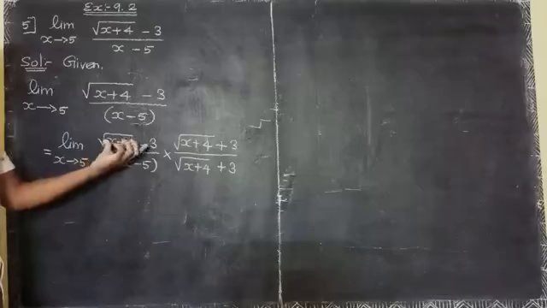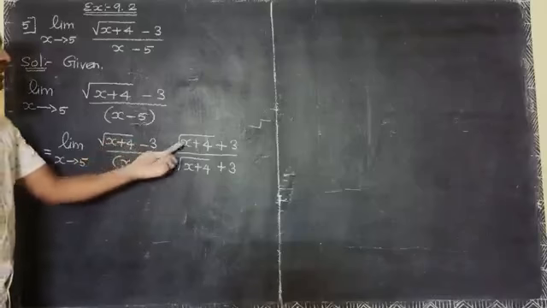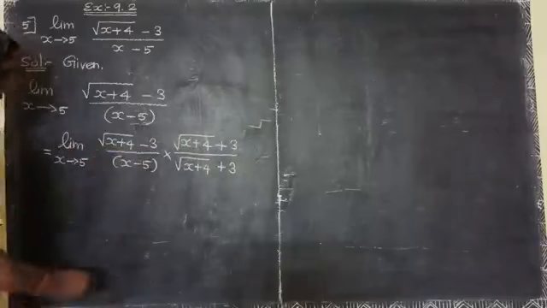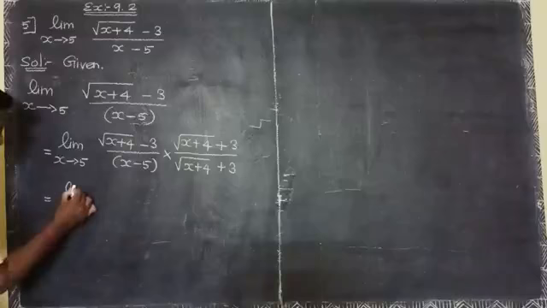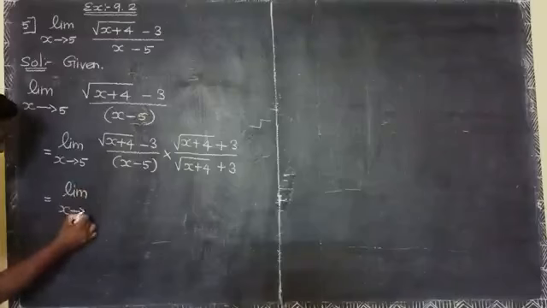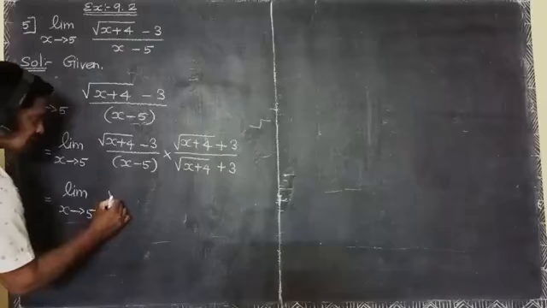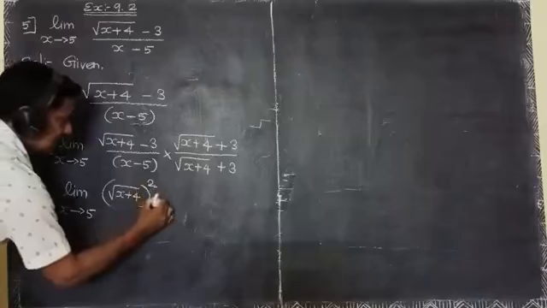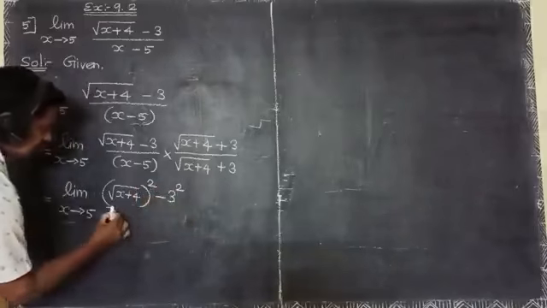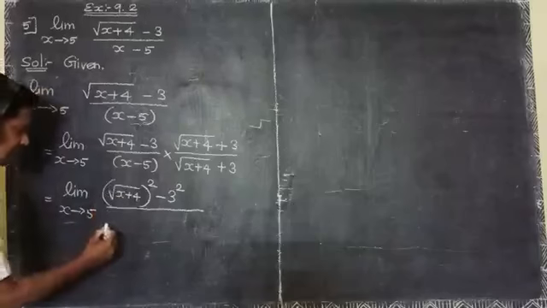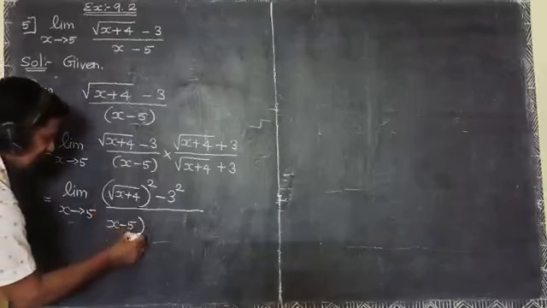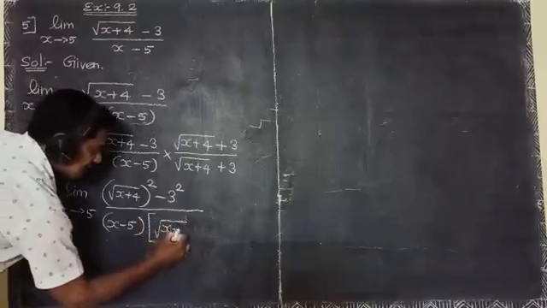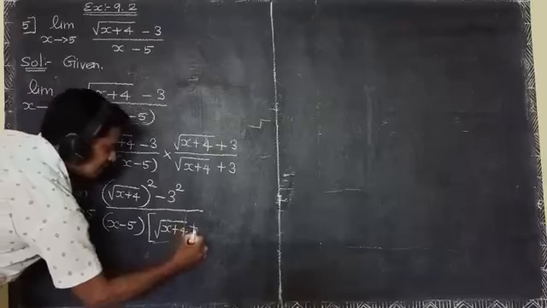The numerator is in the form a minus b into a plus b, which can be written as a square minus b square. Limit x approaches 5, square root of x plus 4 whole square minus 3 square, divided by the denominator x minus 5 into square root of x plus 4 plus 3.